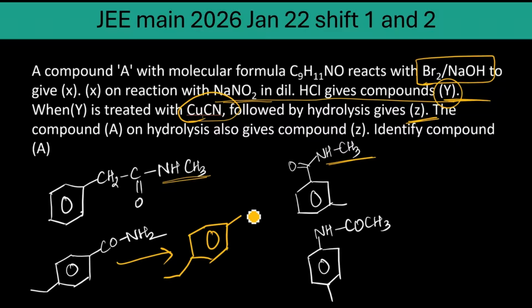That on hydrolysis gives COOH. So if I'm taking this, that on hydrolysis also will produce COOH. Correct. So the answer should probably be C9H11. Check with the molecular formula once.